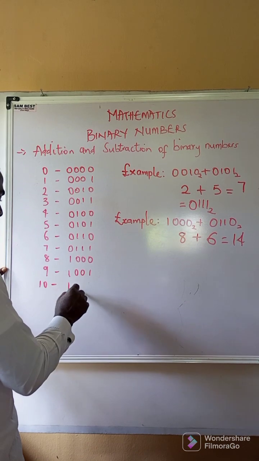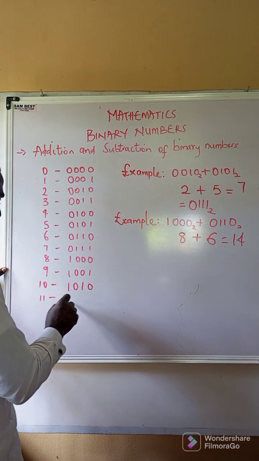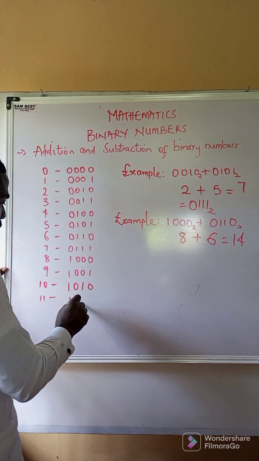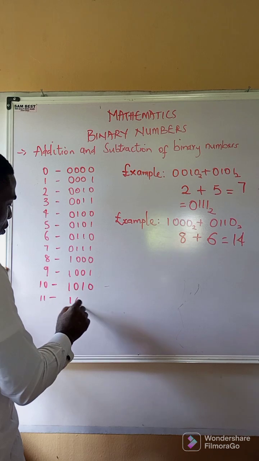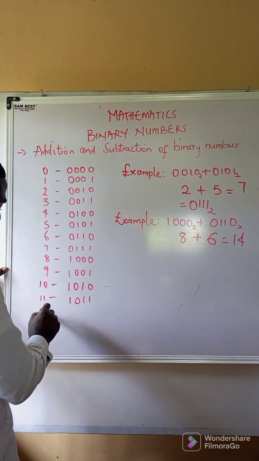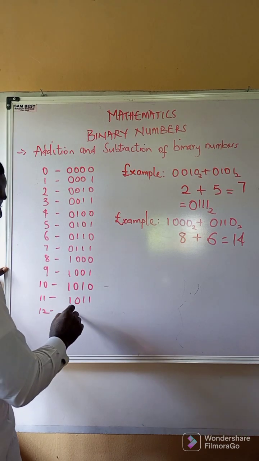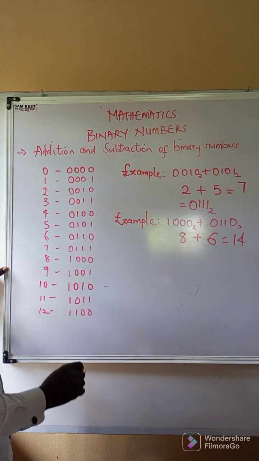The next is 1, 0, 1, 0. 11 will be 1, 0, 1, 1. 12 will be 1, 1, 0, 0.